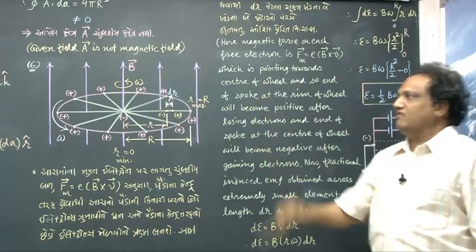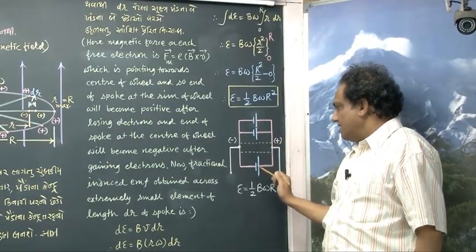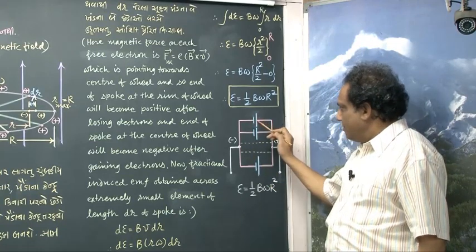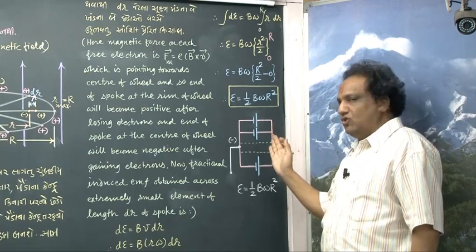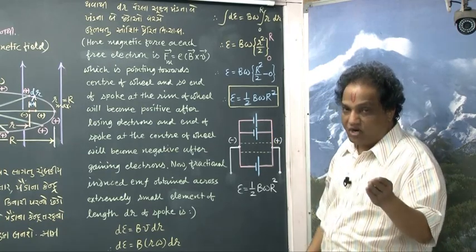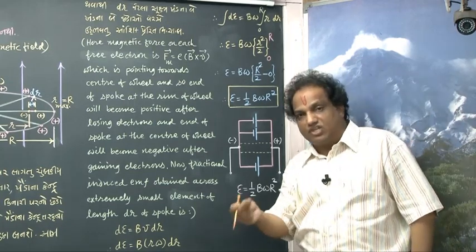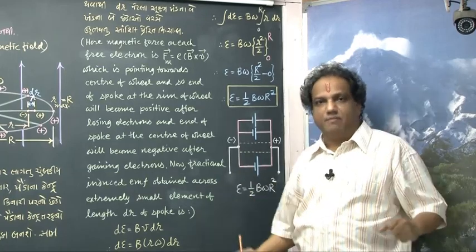All the negative terminals are connected together at this point, and all the positive terminals are connected together at this point. This is nothing but a mixed connection of batteries.